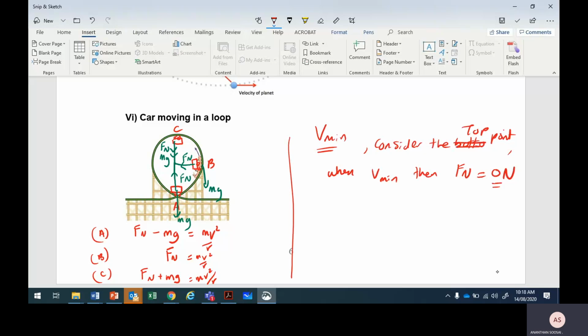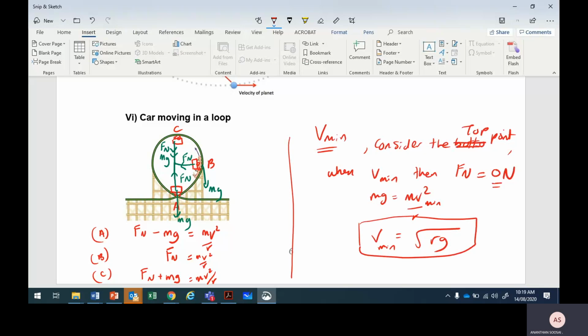So what is the formula then? At the top point C, mg equals mv squared over r. This is the minimum because Fn is 0. So again you get that formula, root of Rg.